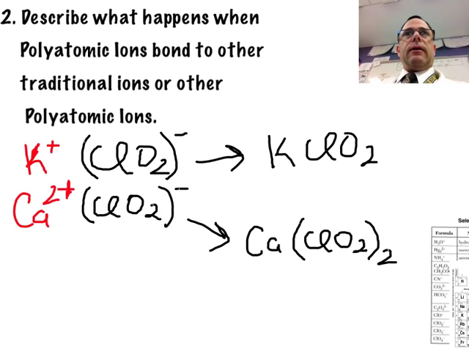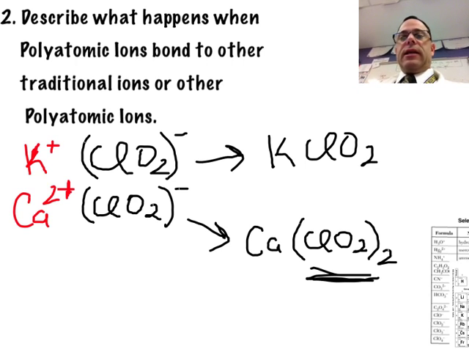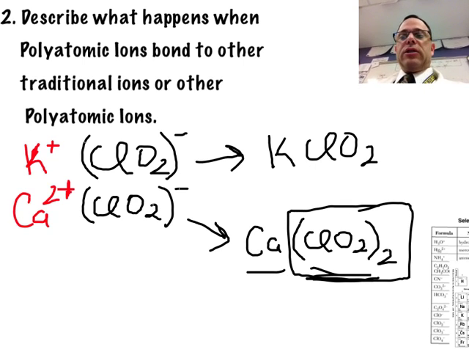Just like in videos past, where this position is the anion, sometimes we needed 2 anions to balance the electrons that were going to be gained by the cation. Here we need 2 of these polyatomic ions to balance the electrons that calcium is willing to give. On the next slide, let's reverse it.